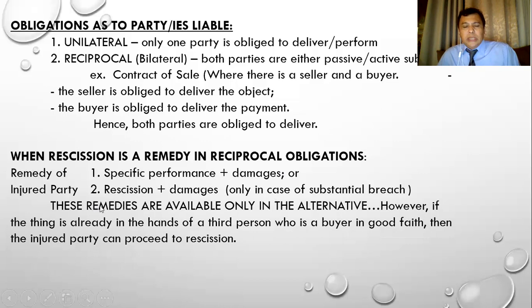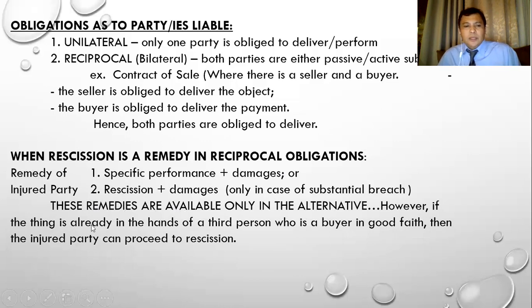So please take note that these remedies are available only in the alternative. So meaning if the injured party has taken number one remedy, then number two is no longer available. Or if the remedy the injured party has taken is number two, then number one is no longer available.